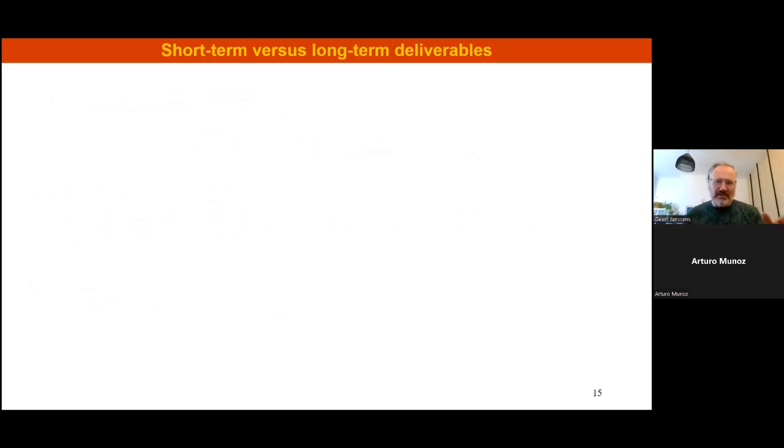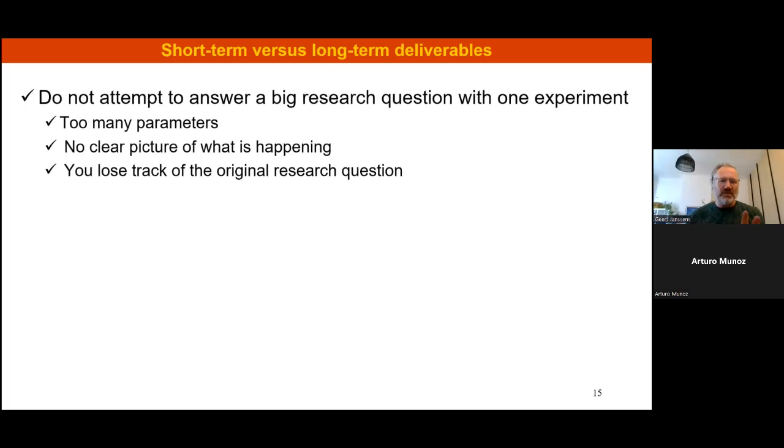And then the final bit within this part is to make the difference between a short-term and a long-term deliverable. What I mean with this: do not try to answer a very big research question with one experiment or one field study or something. The reason is that with our human brain, we cannot contain all these different parameters. And you often have too many parameters.